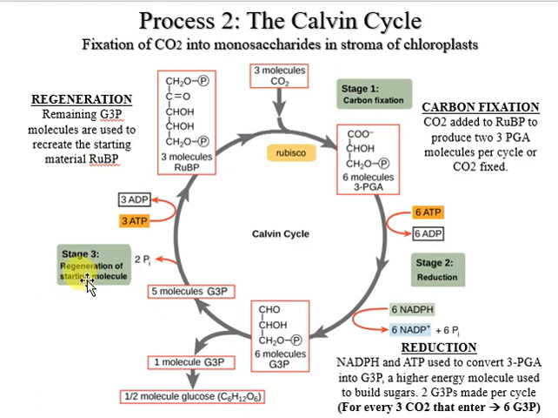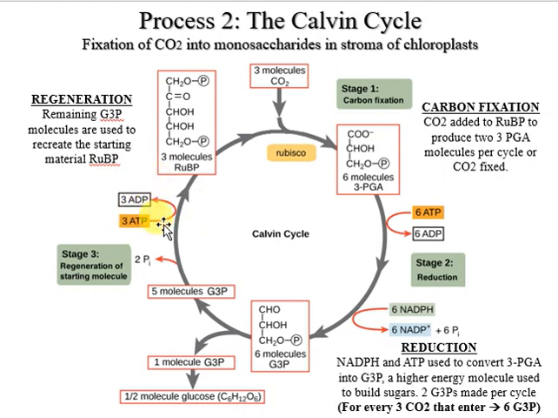The remaining 5 are recycled to regenerate the 3 molecules of RuBP, right, which is the starting material or that starting substrate that's used in carbon fixation, upon which carbon dioxide is added. So these guys, again, are used to recreate or regenerate the starting material for the Calvin cycle.